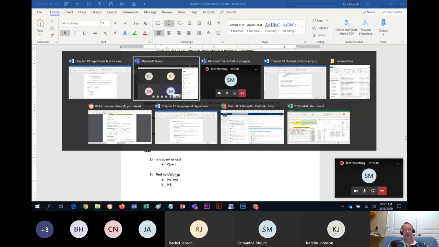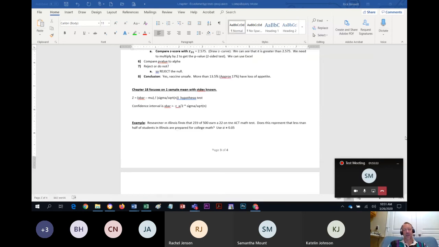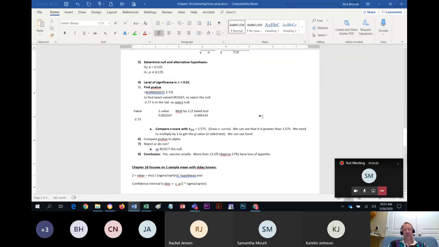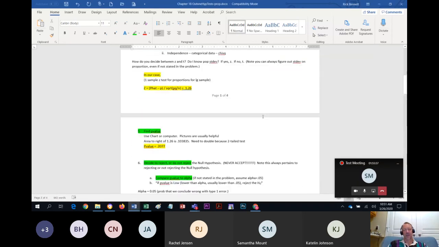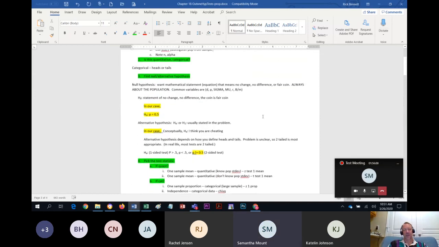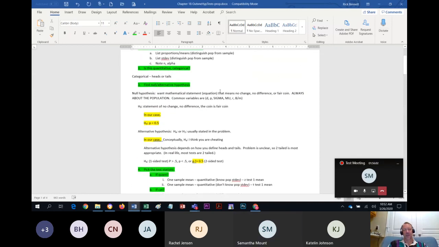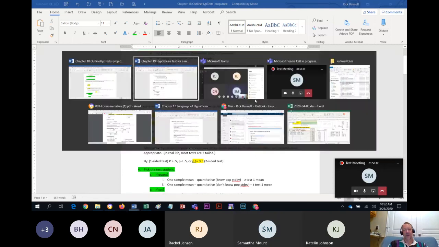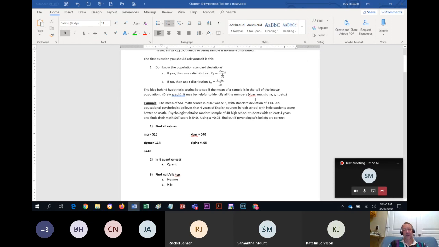Okay. Where is my rule here? Rules for null hypothesis. Okay, so it's a mathematical statement, no change, no difference, fair coin. Always about the population. Oh, I didn't have it on here, but it almost always has an equal sign. Okay.